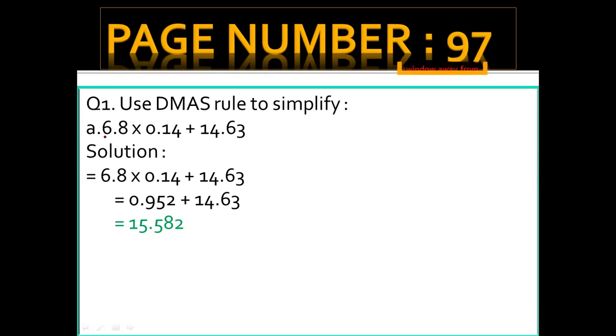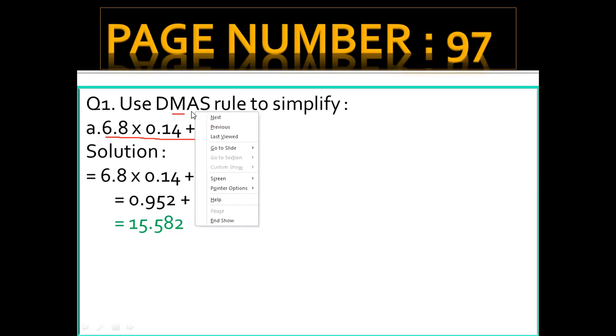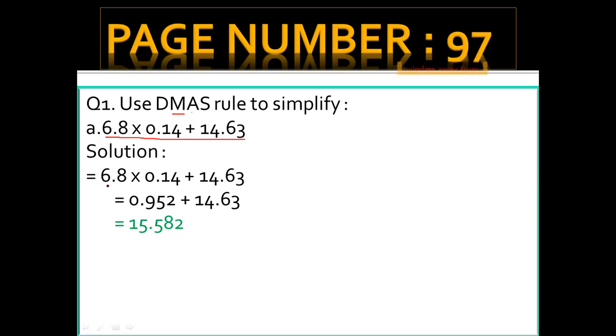Part A, 6.8 multiply 0.14 plus 14.63. Two operations are there, multiplication and addition. According to the rule, first we multiply and then we add the numbers. 6.8 multiply by 0.14.